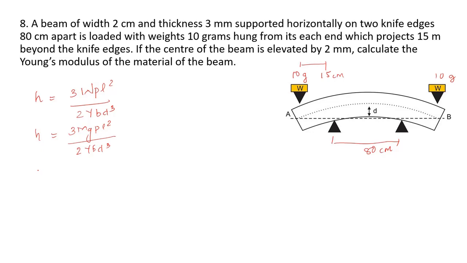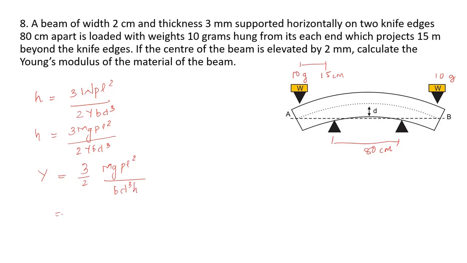So let's write an equation for Y, the Young's modulus. The Young's modulus becomes 3 by 2 into m g p L squared divided by b d cube into h.